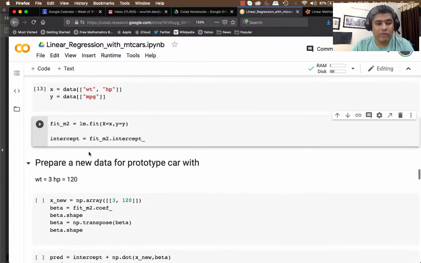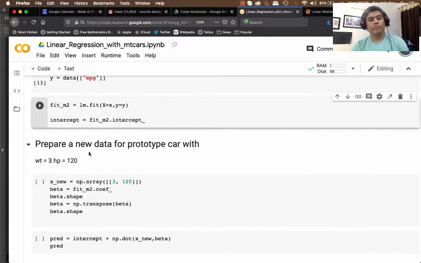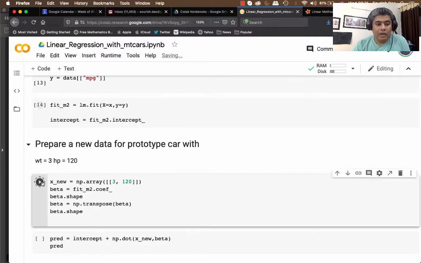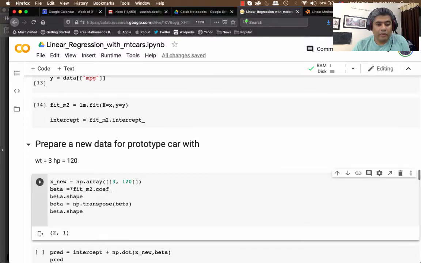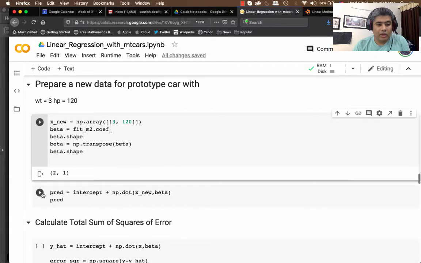Here, in the same way, we fit model 2, and suppose we want to prepare new data for a prototype car. Weight is 3 ton and horsepower is 120. So the X new is 3 and 120, and the beta from the new model we kept in beta, and we did a prediction.